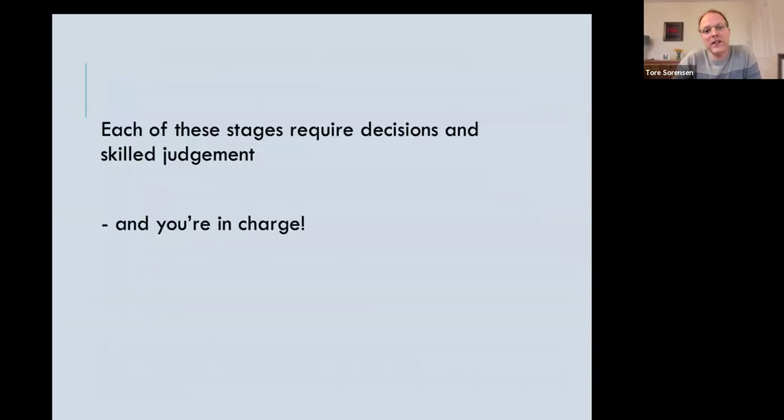And as I said, each of these stages requires decisions and skilled judgment. And that's your place to shine. I'll come back to that also in the summary of this talk. You are in charge. As a researcher, as a student, there is plenty of space for you to demonstrate your skilled judgment. And this is what makes it exciting.